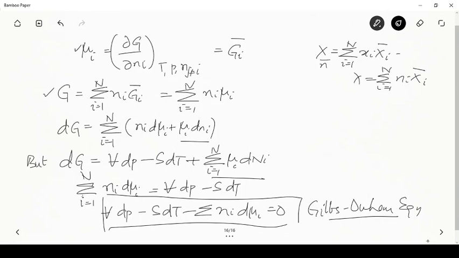Okay, we can actually go a little bit more general. Right now we just did it for the Gibbs function, but if I write it for any general extensive property X, then the same equation looks like X is equal to summation of I equal to 1 to n of ni xi bar.